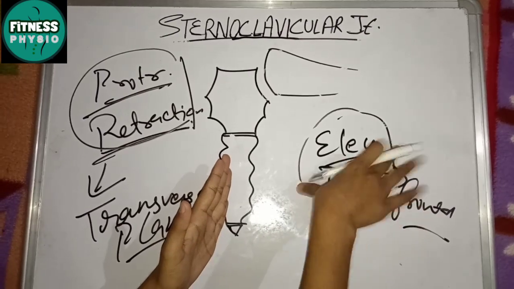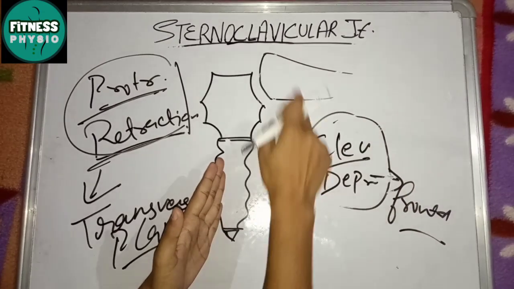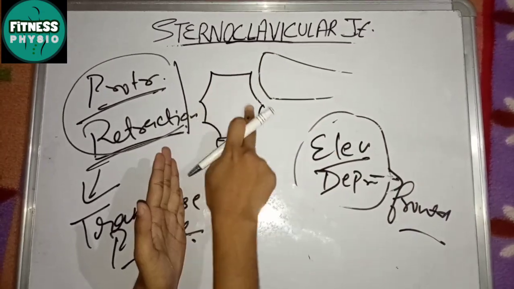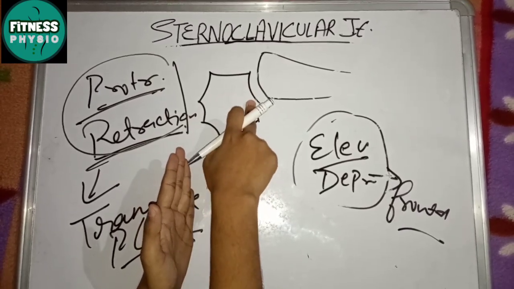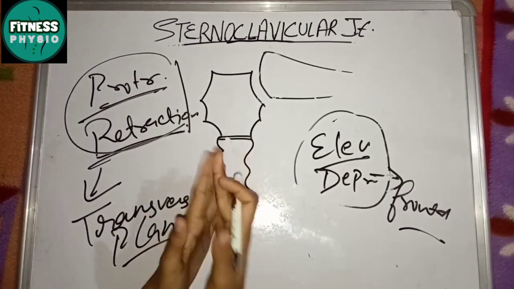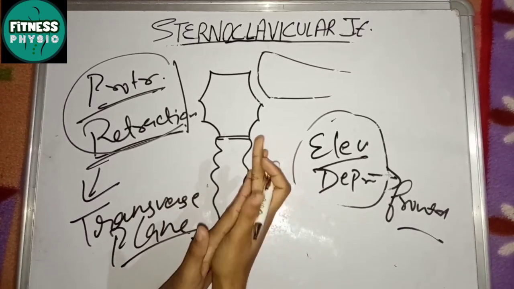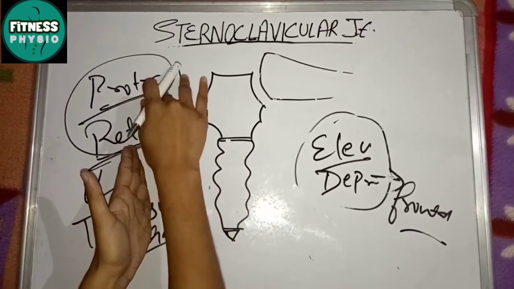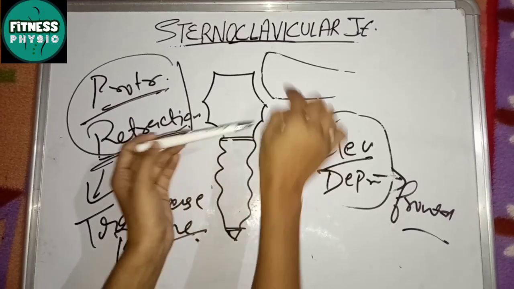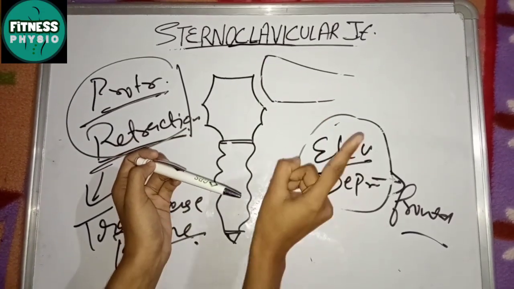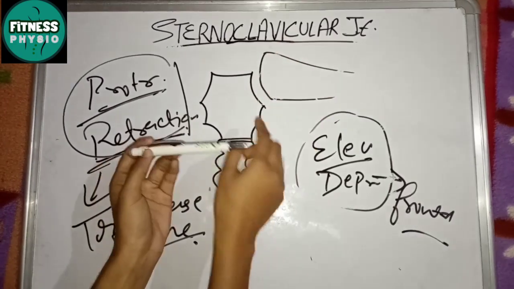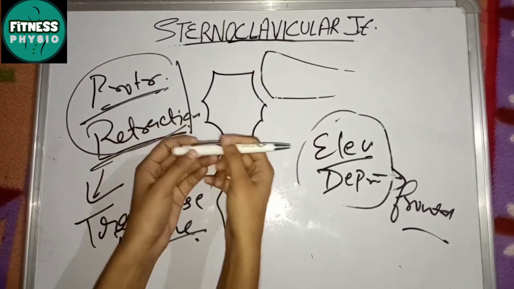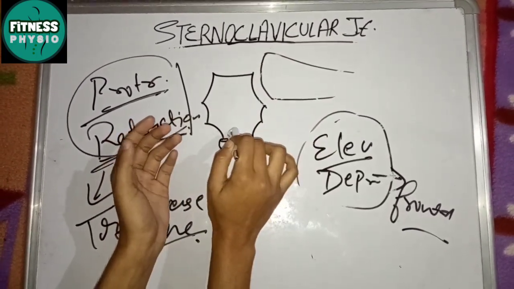In depression and elevation, what happened? The convex part of your clavicle is moving on the concave part, so the rolling and gliding occur in opposite direction. But what happens in protraction and retraction? The concave part of your clavicle is moving on the convex part of your manubrium sterni.